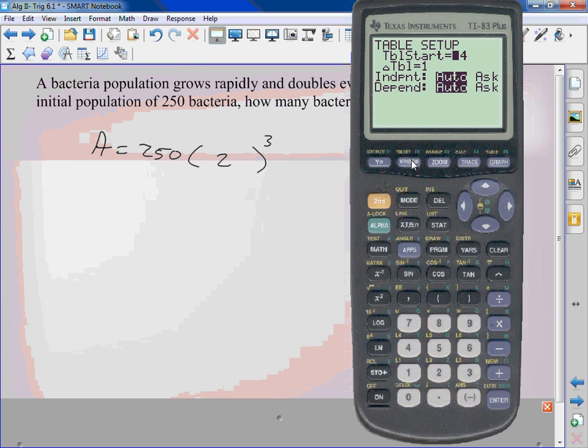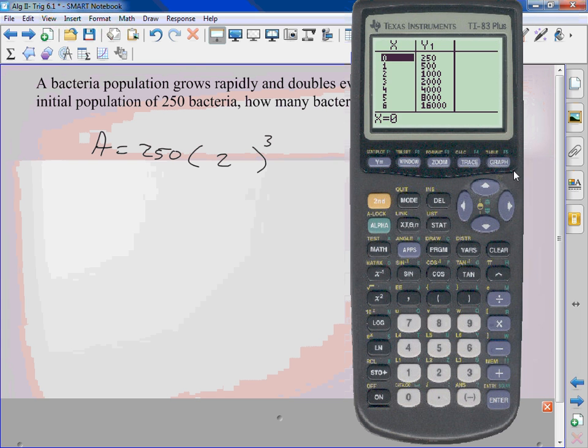Table set. I'm going to start at 0. So at 0 hours, there's 250. After 1 hour, 500, then 1,000, and then there's 2,000 after 3 hours. Yes, it grows really fast. It's exponential. Right. That's the way bacteria grows. Questions on this section?